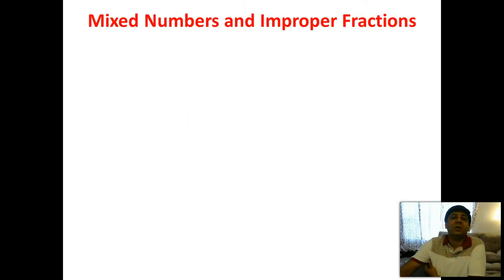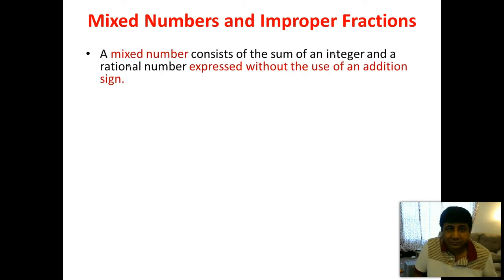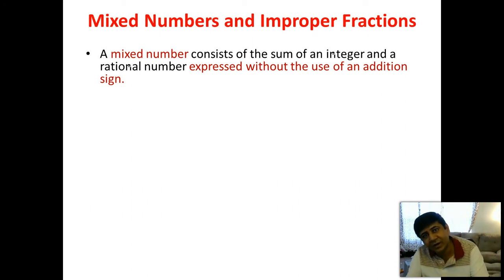Now let's talk about mixed numbers and improper fractions. A mixed number consists of a sum of an integer plus a rational number. So you will have a number sitting on the side plus a fraction.